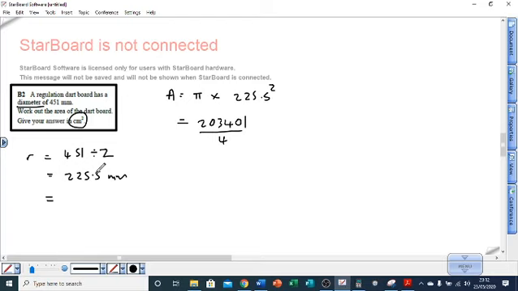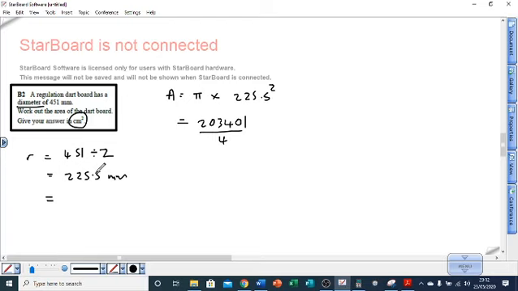Now I'm not going to round up. That is the number I'm going to be using, and it is in centimeters. So we've got shift pi times 22.55 squared, and it gives you 203,401 over 400 lots of pi, and it is centimeters squared.